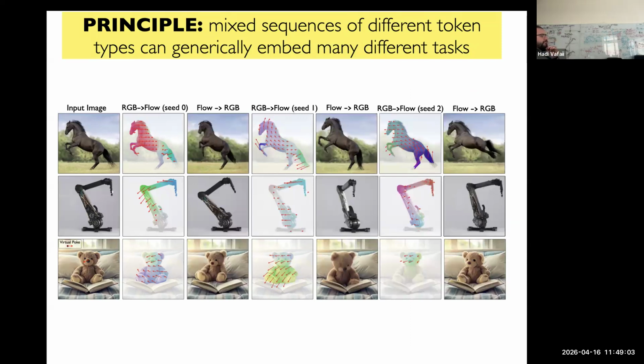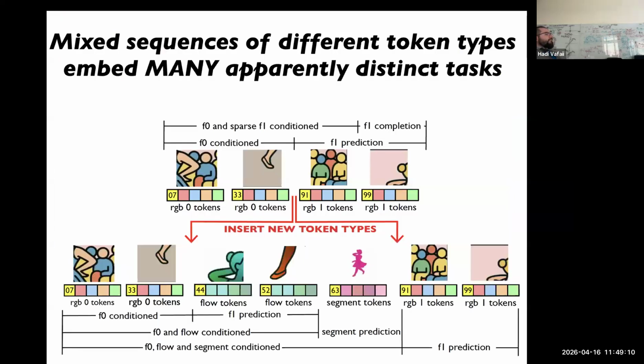So this is basically saying that these different aspects of the visual cognition problem are just different components of this sequence. Here's just a re-representation of that idea in an even more confusing graphic, which says that many apparently distinct tasks can be understood as different portions of this mixed token sequence.